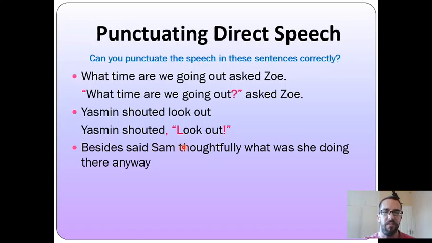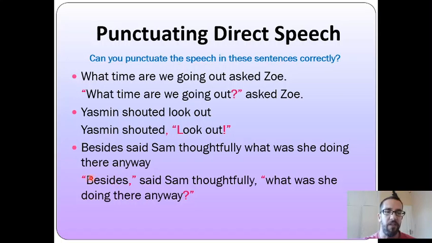And the last one over here is quite a tricky one. "Besides," said Sam thoughtfully, "what was she doing there anyway?" So here you've got 2 bits that Sam is saying, and it's split up by being told how Sam said it. The first thing he says is "besides," and that goes with some speech marks around the word besides.